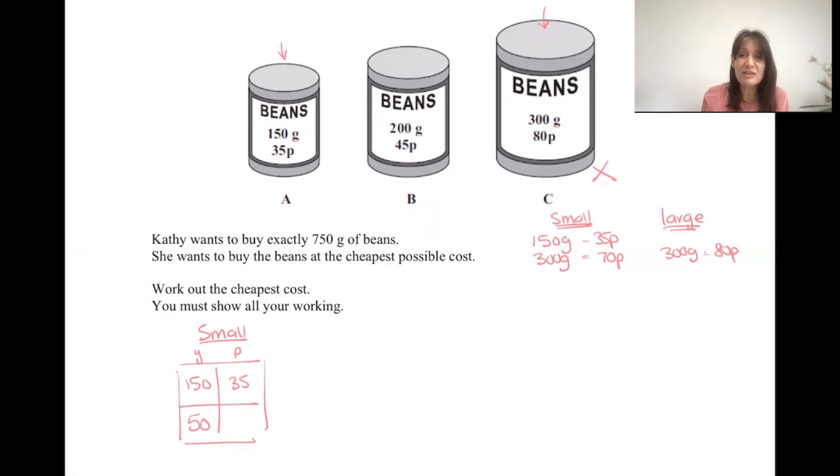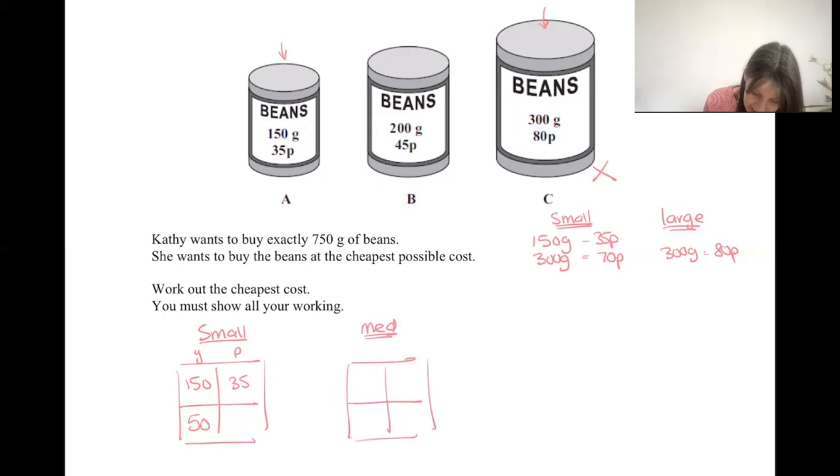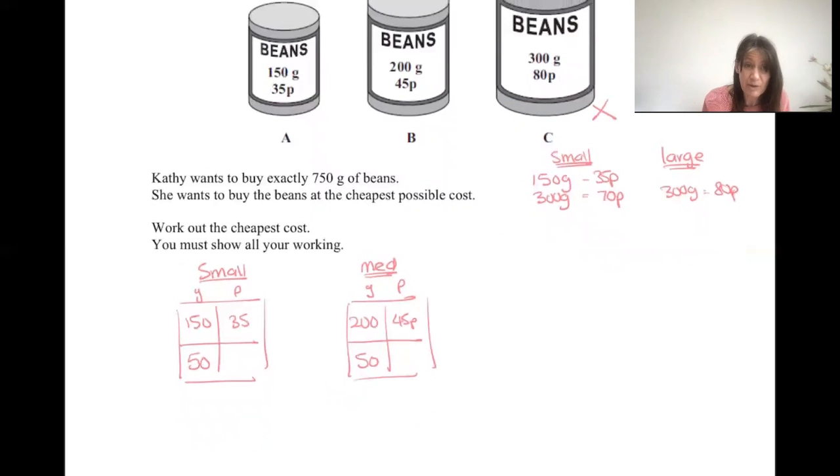I'm just choosing, for whatever reason in my head, I decided I was going to go to 50. And I'm going to do the exact same thing with my medium tin as well. So my fact is that 200 grams is 45 pence. Okay. And I'm going to work out what 50 is, because then I can compare these two, which is really what I want to do.